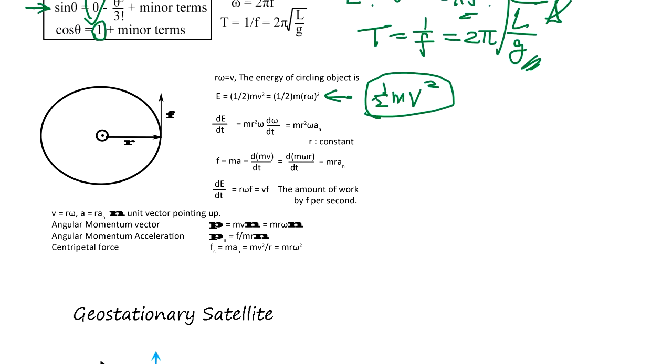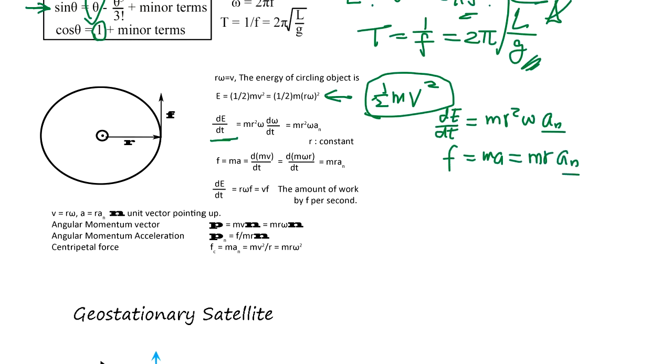So how much is it changed by time? You take a derivative, okay? So dE/dt equals m r square omega times angular acceleration. Okay, now F is ma, so it's going to be m r angular acceleration.